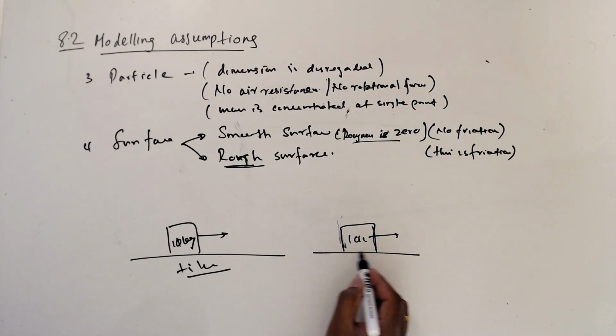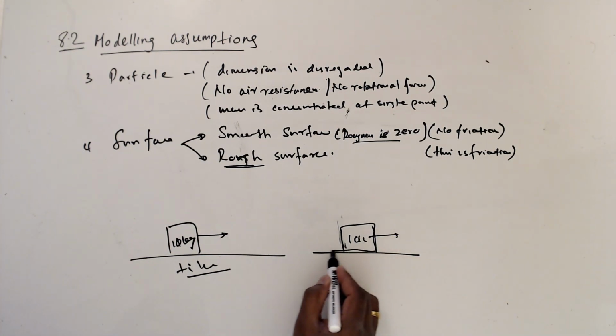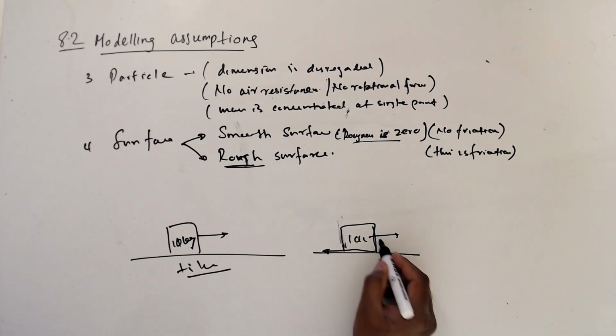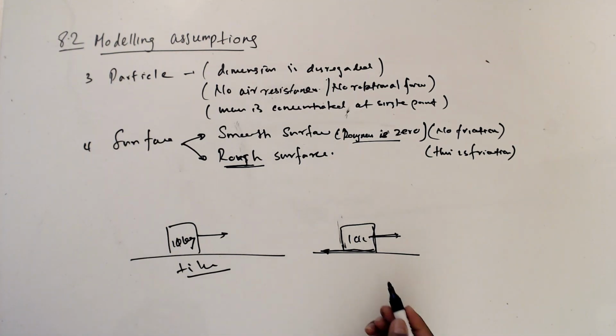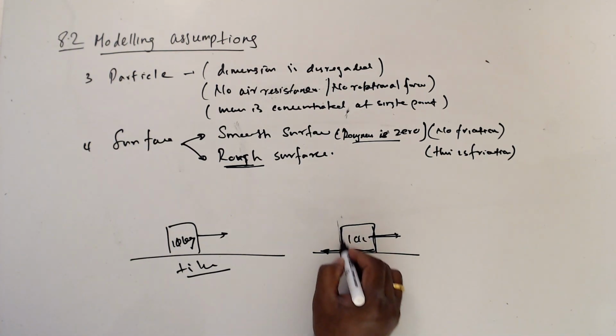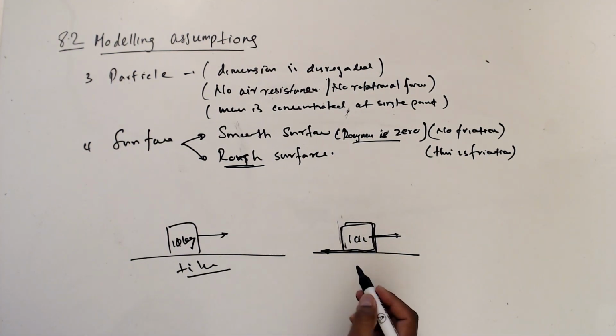The friction force acts against the moving direction. If we try to pull in this direction, the friction force acts on the object opposed to the moving direction. So this is called friction force.